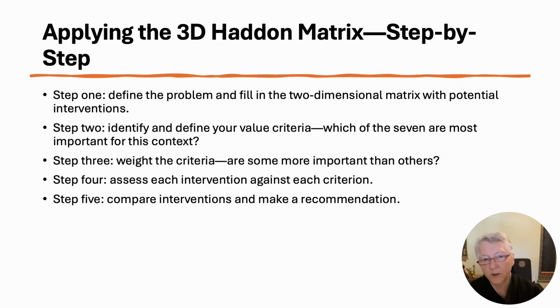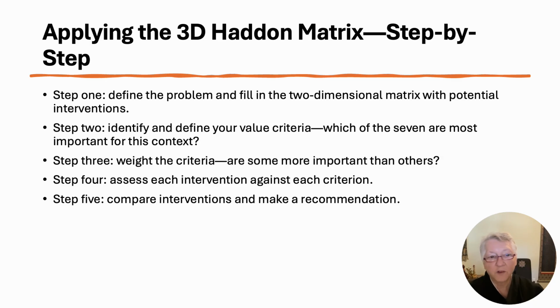For example, is a resource poor setting more important? Cost might be weighed heavily in such a setting. In a community with a history of discrimination, equity might be paramount.